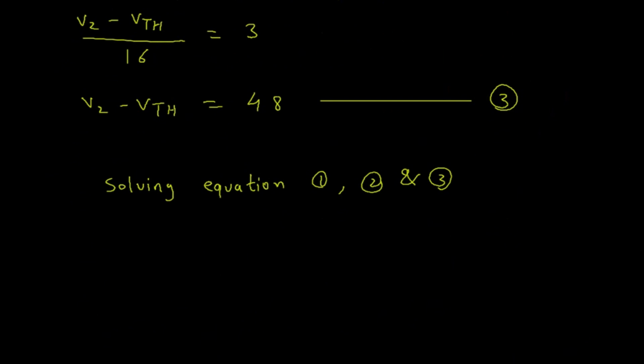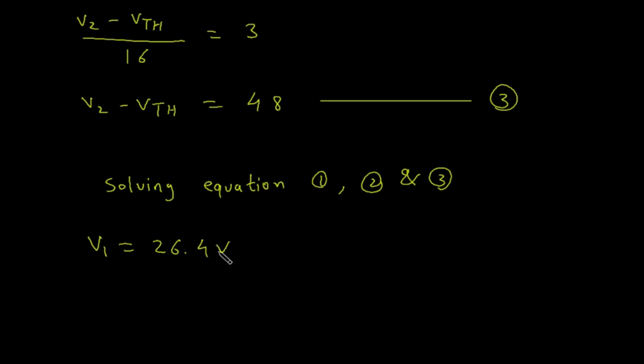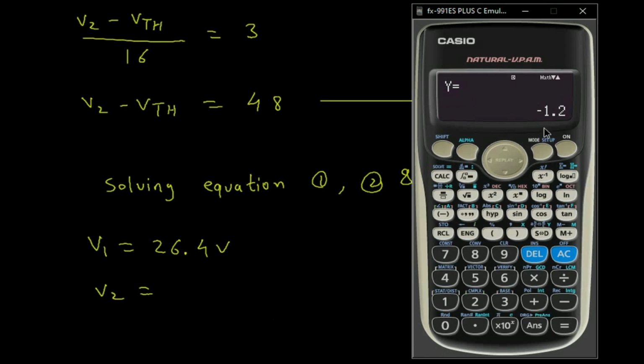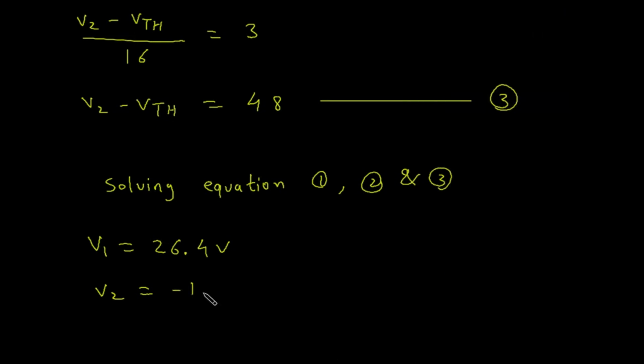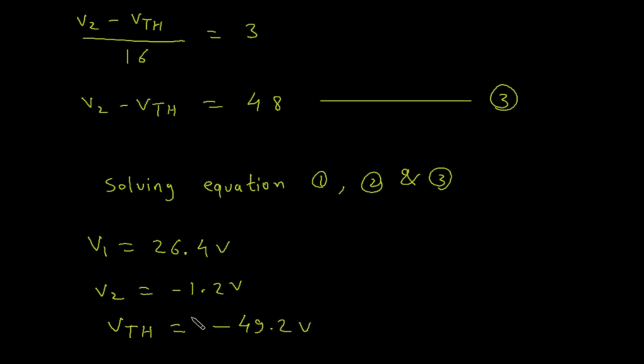Then from equation 3, V1 is absent so 0, then 1, then minus 1, then 48. So V1 is equal to 26.4 volt, V2 is equal to minus 1.2 volt, and VTH is equal to minus 49.2. Minus 49.2 volt is the value of VTH.